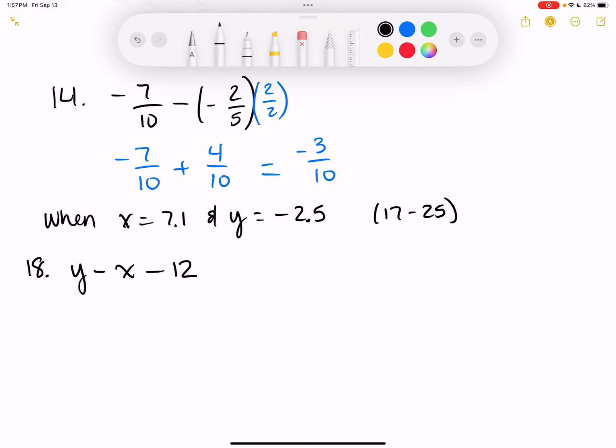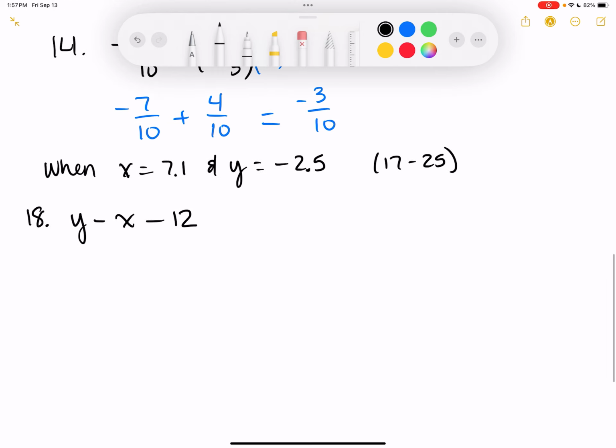All right. So I take these numbers up here and I plug them in. So y is negative 2.5, so negative 2.5 minus x is 7.1, and then minus 12 from the problem.